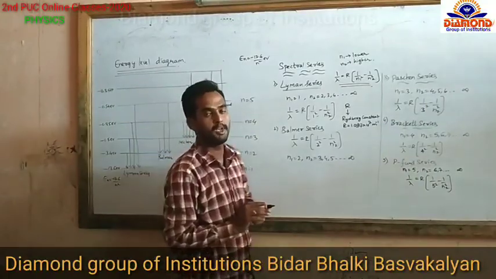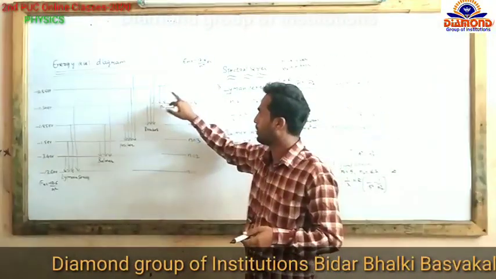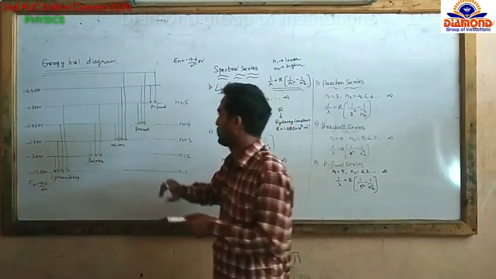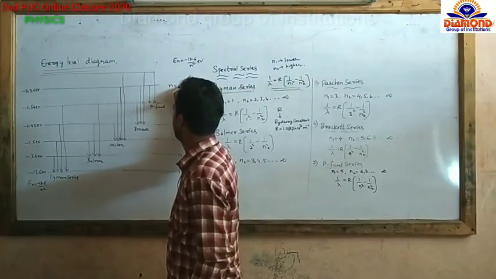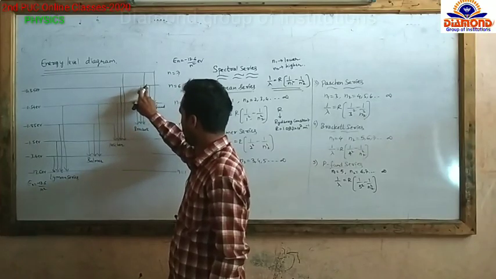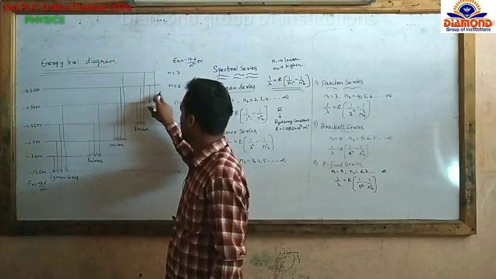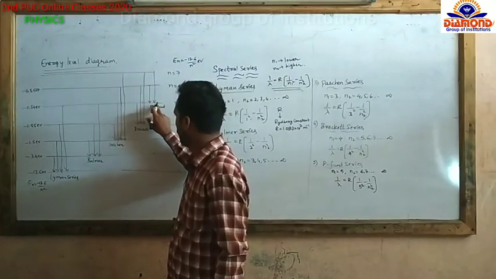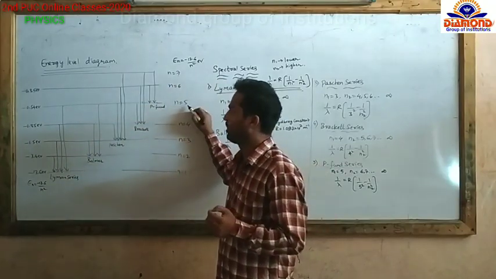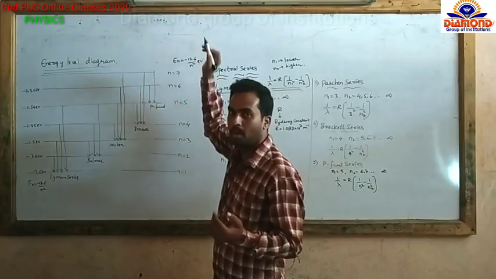The minimum orbit number is 5. You can see the electron jumping from 6th orbit to 5th orbit, then 7th orbit to 5th orbit. That means the lower orbit itself is 5 and higher orbits are 6, 7, like that up to infinity.